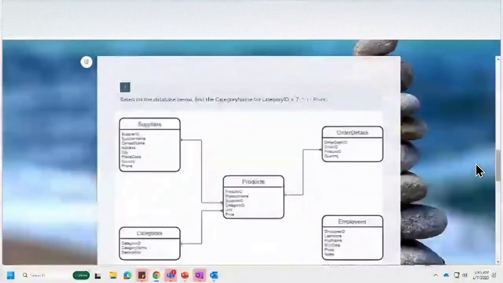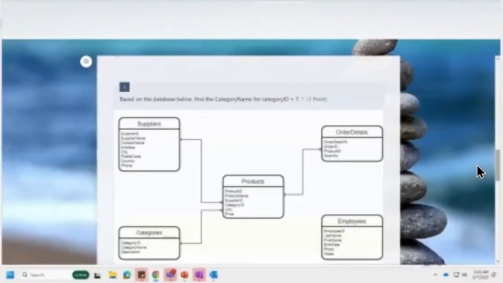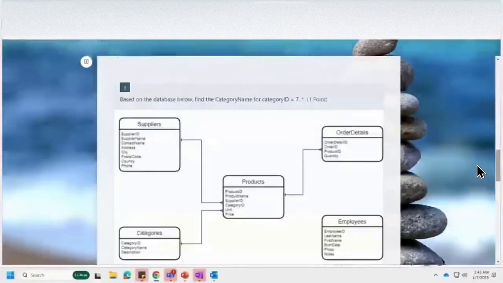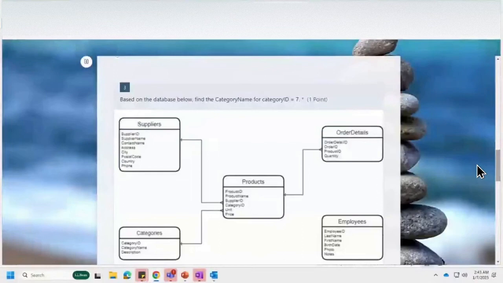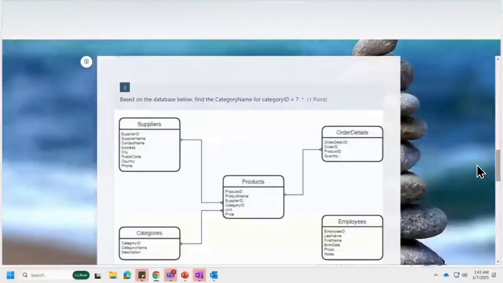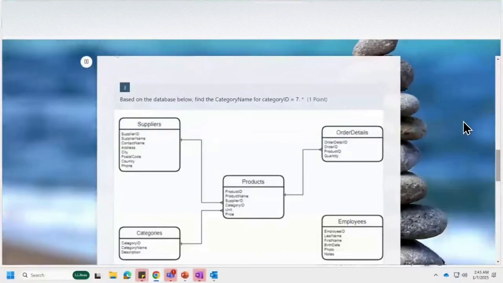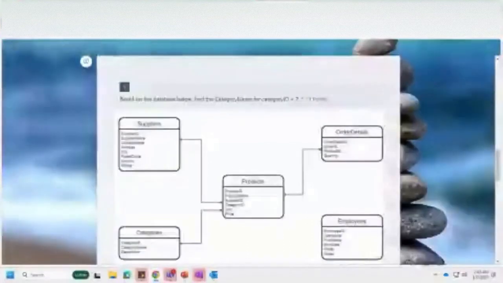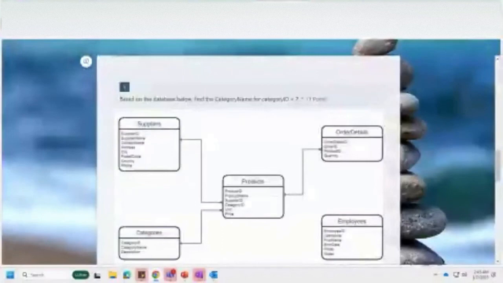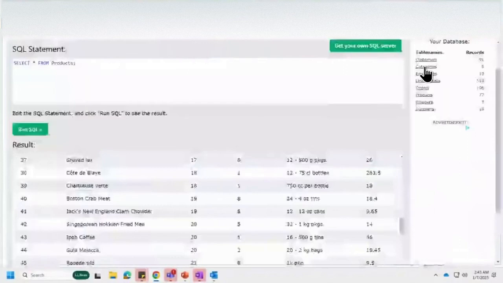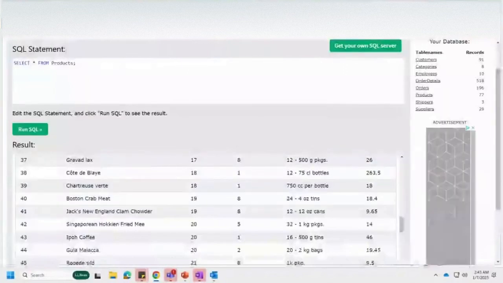Based on the database below, find the category name for category ID equals 7. So from which table will we get this? Can you guess? From the diagram, Rafi? Which table? Categories. Exactly.